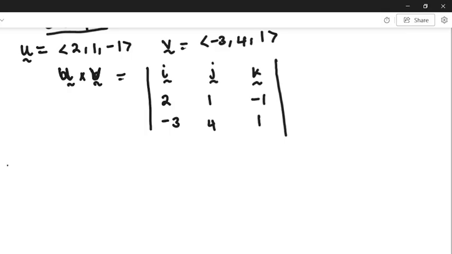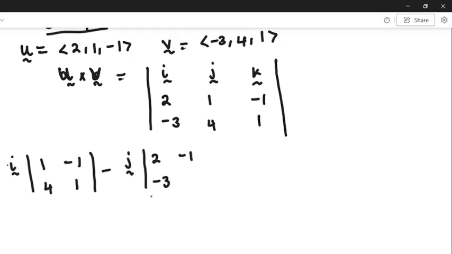So we're going to have I into, if you cover 1 and this, you're going to get 1, negative 1, 4, 1, minus J into, if you cover these and the first, you're going to get 2, negative 1, negative 3, 1, and now plus K, you're going to have 2, 1, negative 3, 4.